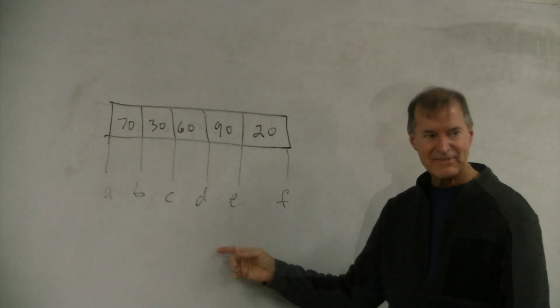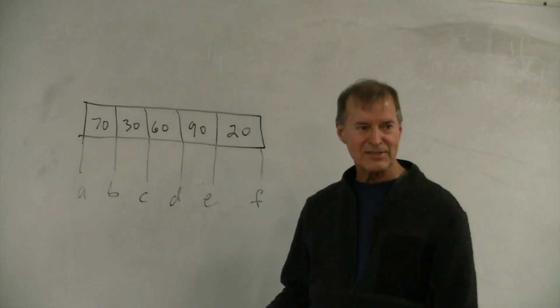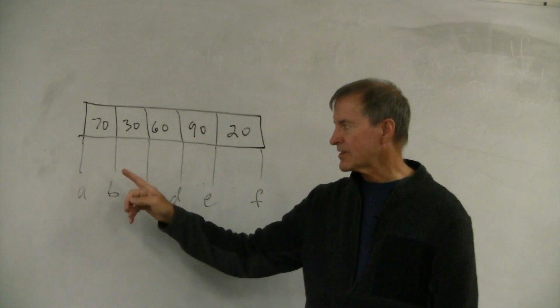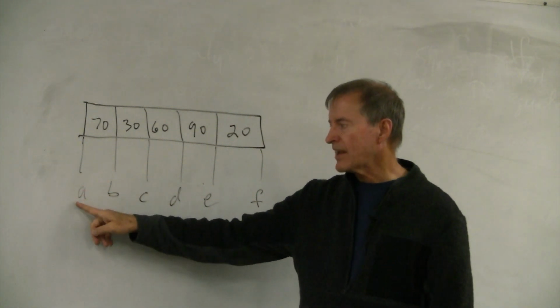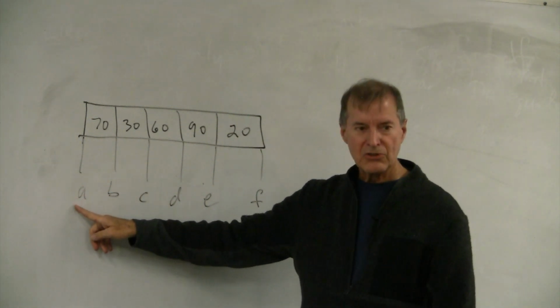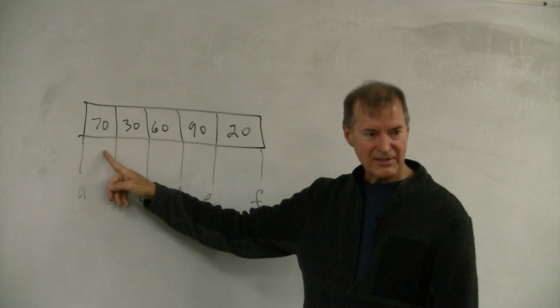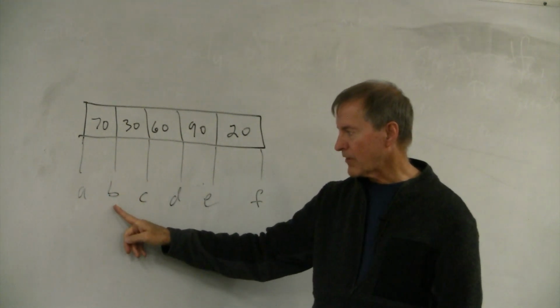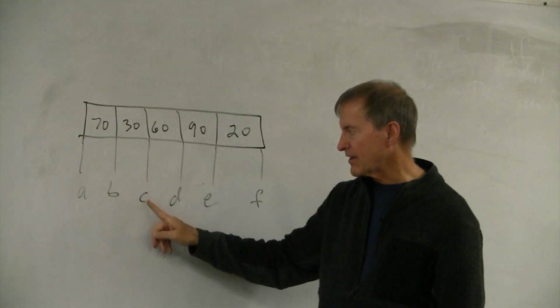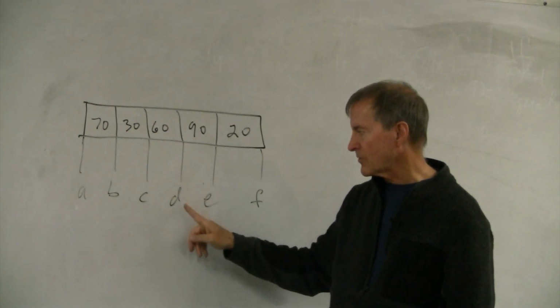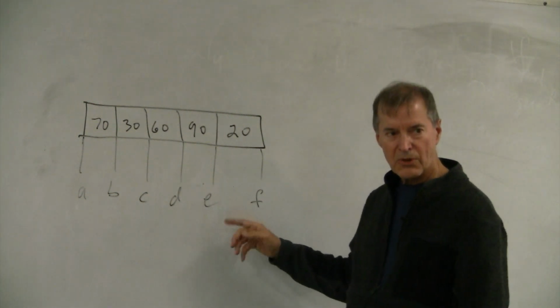What do you think? Yeah, you're right. So in general, what is it? When you say A, what you mean is do an in-order traversal of A. And then you do 70, and then you do a what? An in-order traversal of B, and then 30, and then an in-order traversal of C, and then 60, and an in-order traversal, all right?